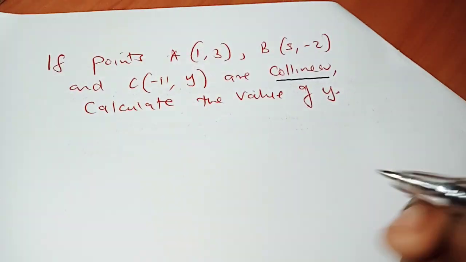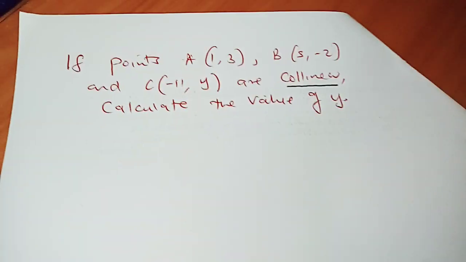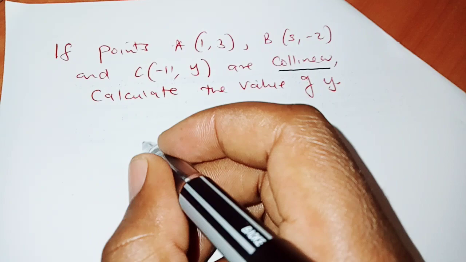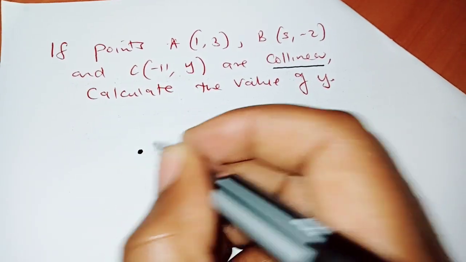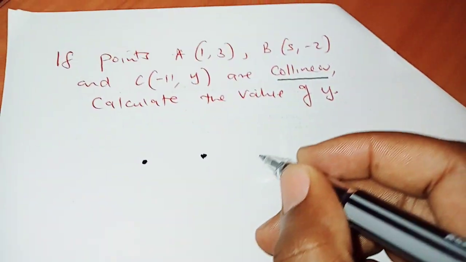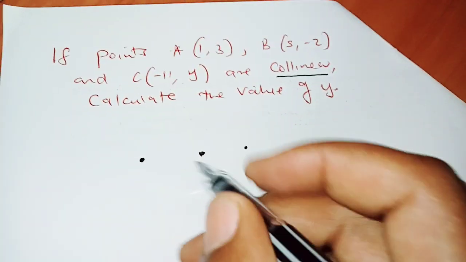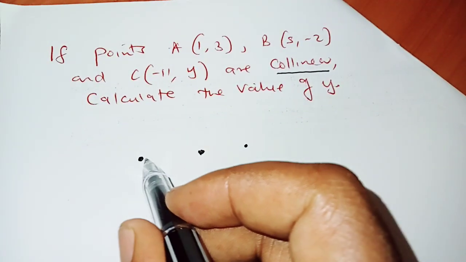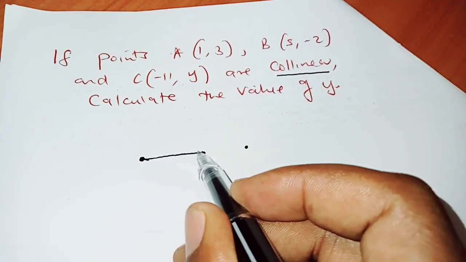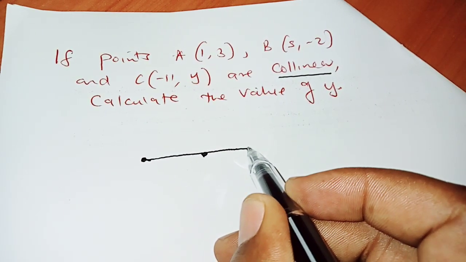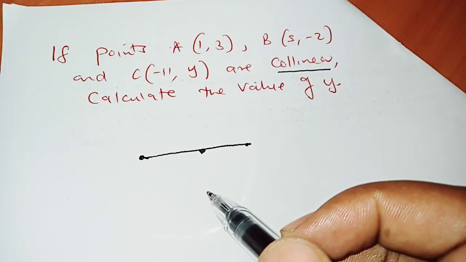Now I just want us to underscore the meaning of collinearity. Now consider 3 points. It's the first point here, another point, and another point. If these 3 points are collinear, then it means you can draw a line going through those 3 points there.